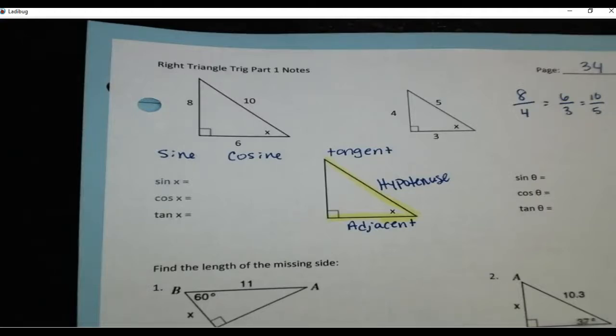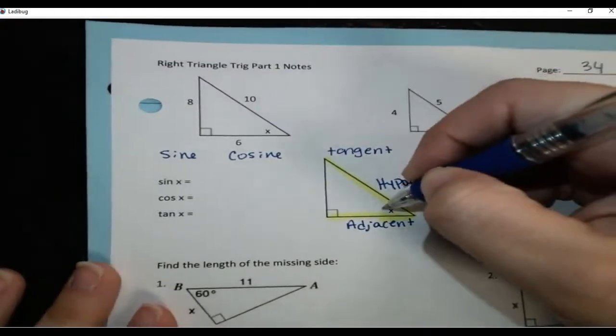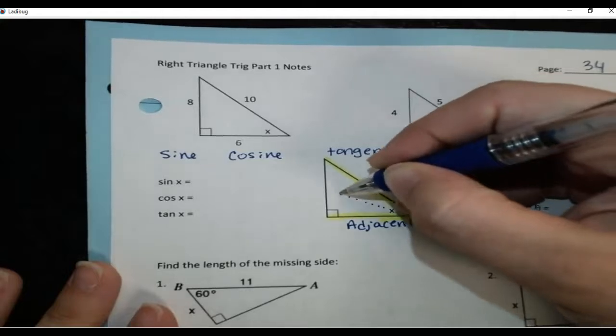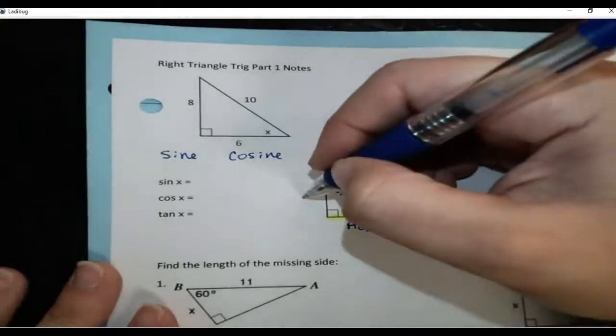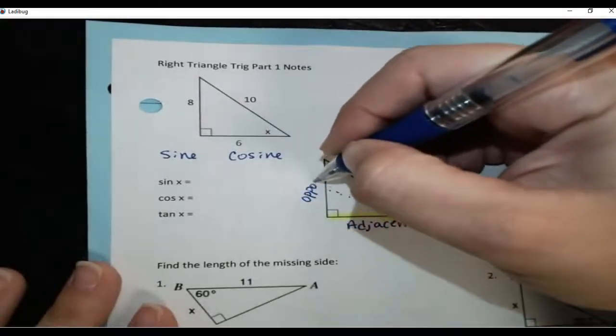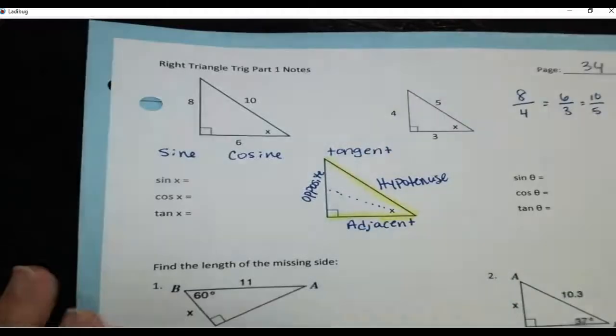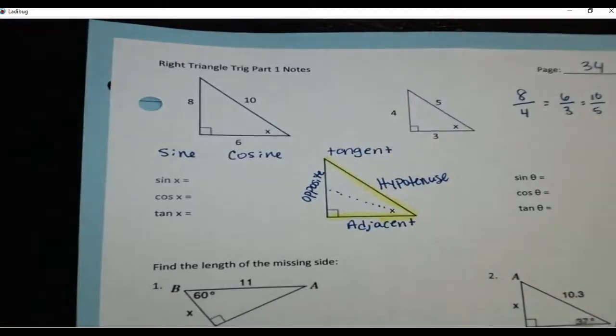Now, the non-highlighted side, which you can always draw a little line to from the x, is the opposite. It will never be highlighted if you've highlighted correctly. So for every single problem, your first step is to label your triangles. Questions?